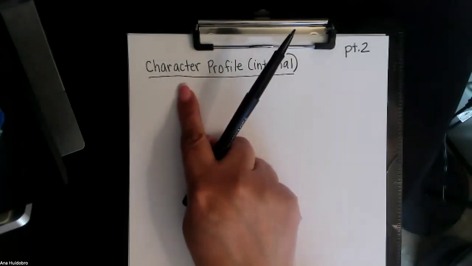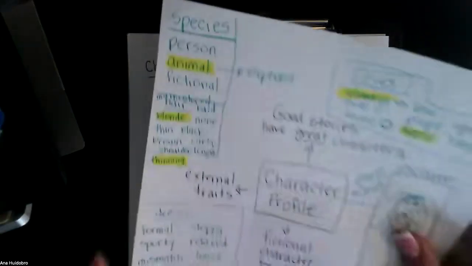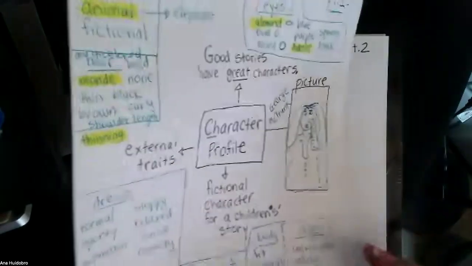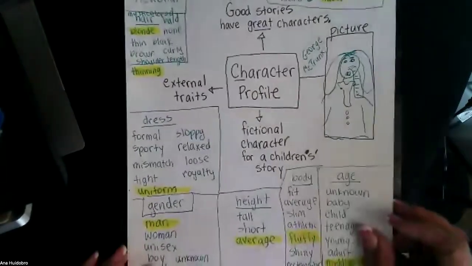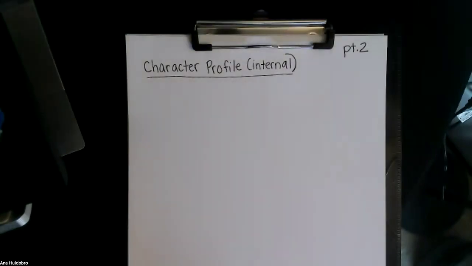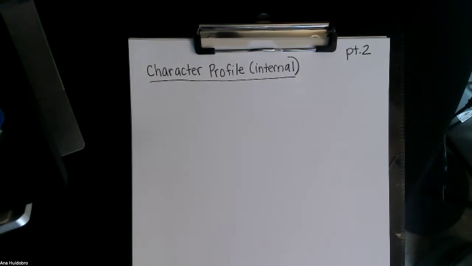We're making the character up and developing the character. On the past page, we did the external traits: what color hair, what color eyes, how tall, how wide, what's the age, what's the gender, how do they dress? Those are all external things. Here we're going to talk about internal things, and they could be surface things like likes and dislikes, and it could be more about character as well.